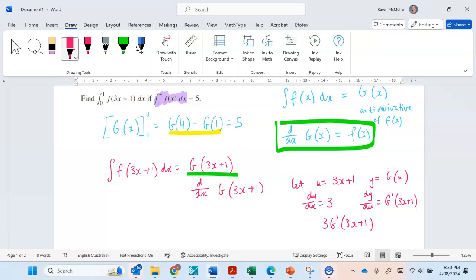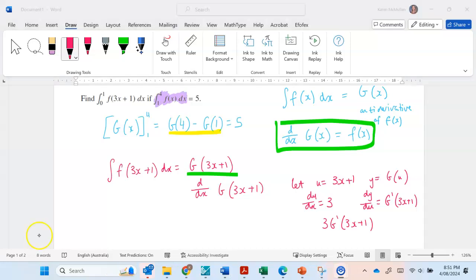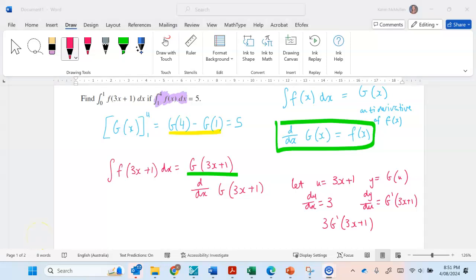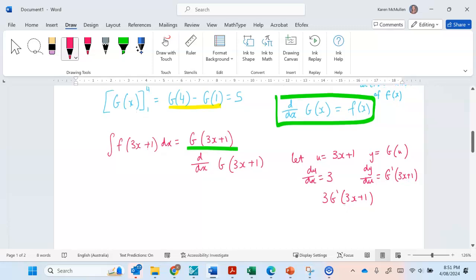And I'm going to put that back in. Actually, before I do, I can change that g dash to just f, right? Because remember that relationship that I put a square around in green? This relationship here, the derivative of g of x gives you f of x, so I can just replace that back with an f. All right, so let's now substitute that back into a definite integral.